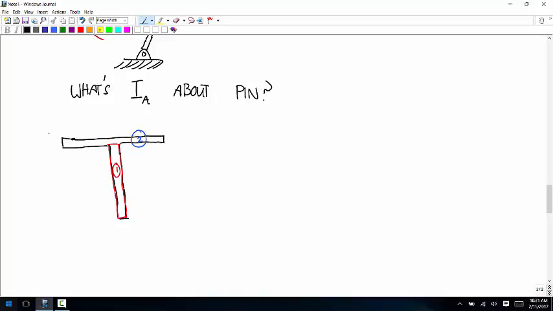And this is going to be A here where the pin is. And so we're going to calculate the moment of inertia about A of 1, the moment of inertia about A of 2, and then we're just going to add those two together to get the total.